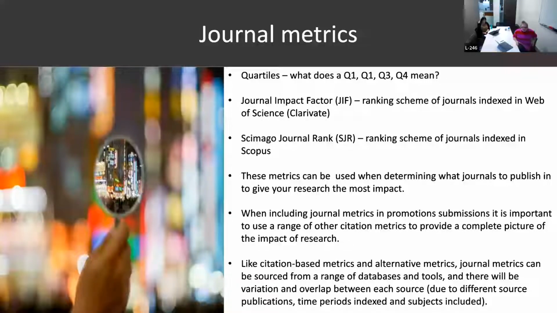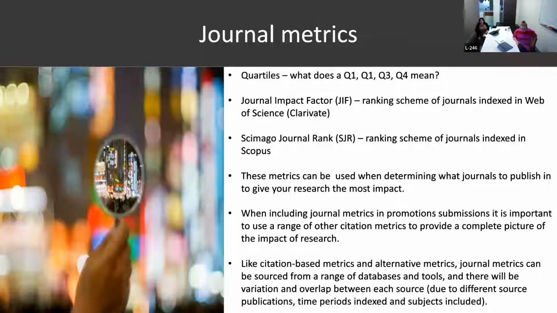Journal impact factor, also known as the JIF, is a ranking scheme of journals indexed in Web of Science provided by Clarivate. We'll look at the Scimago journal rank, so an SJR. It's a ranking scheme of journals indexed in Scopus.